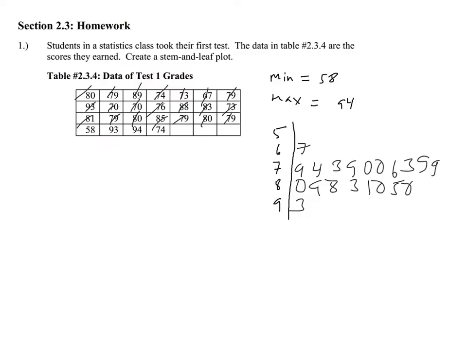There's another 9. Then I've got a 58. I've got a 93, 94, so 93, 94, and then a 74. So what's the shape? The whole point of this was to figure out what the shape is. Well, I don't know, maybe this is left skewed.